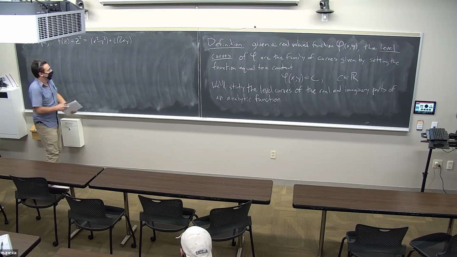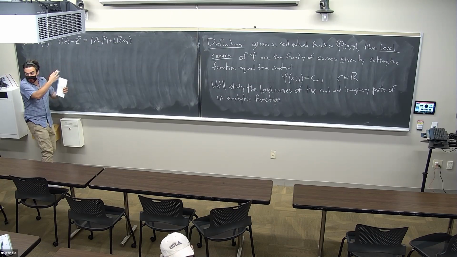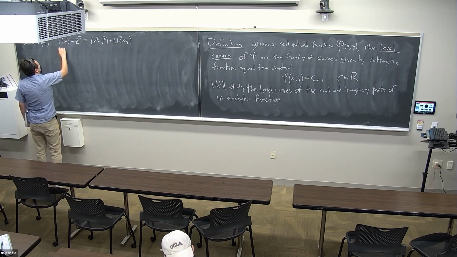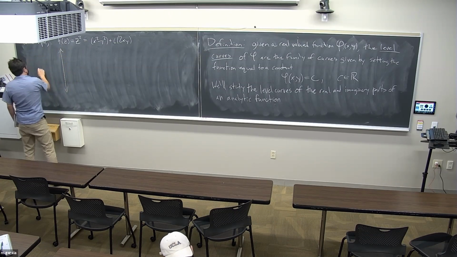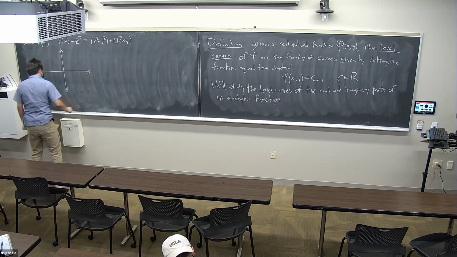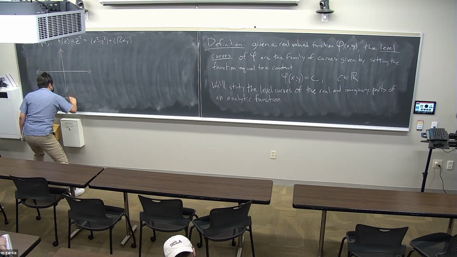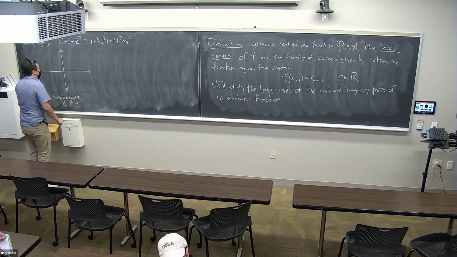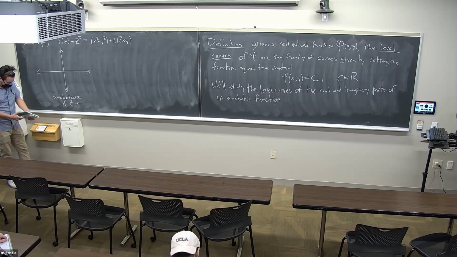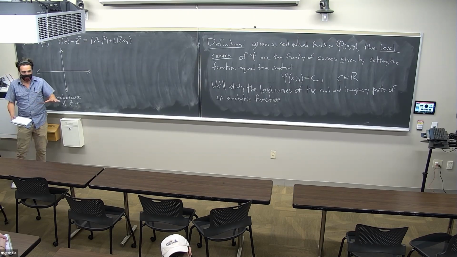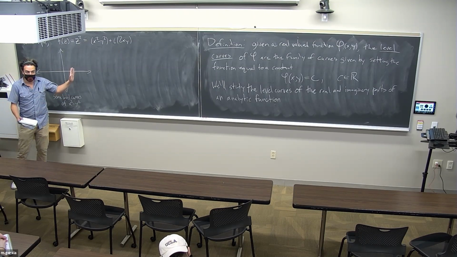Okay, so let's draw some level sets for both of these functions. Some level curves of x squared minus y squared. Well, if you believe that demonstration I just made, we're just going to have a bunch of hyperbolas on the plane, right?